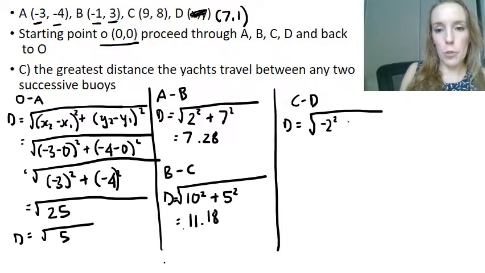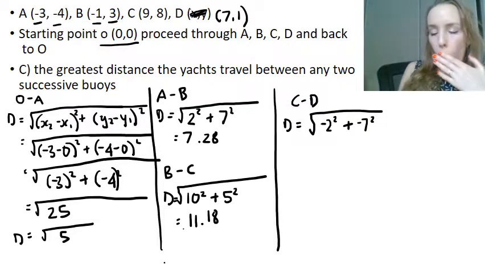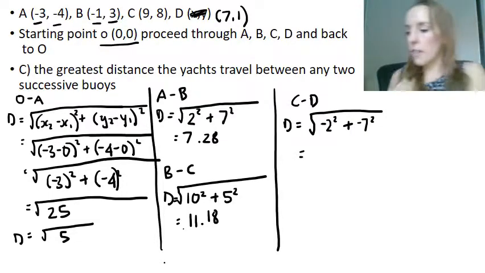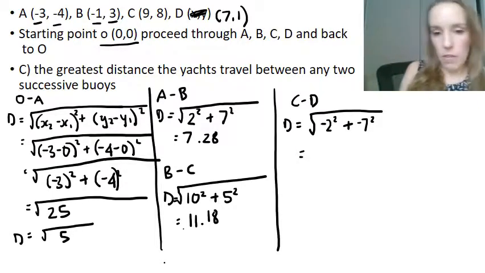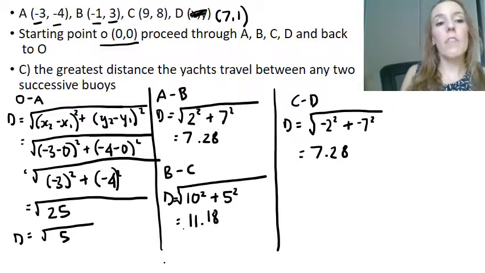So -2 squared plus 1 take 8 is -7 squared. So -2 squared is 4 plus -7 squared, 49, square root of that, 7.28.